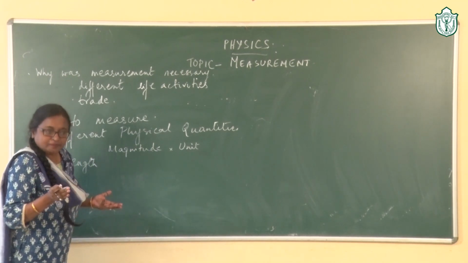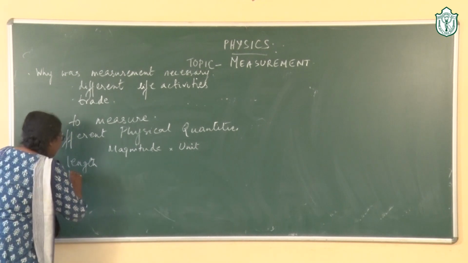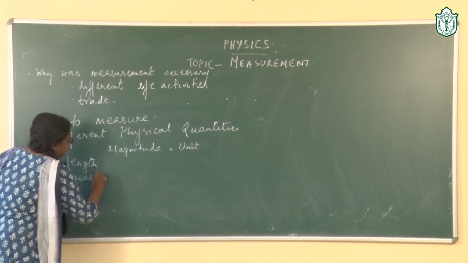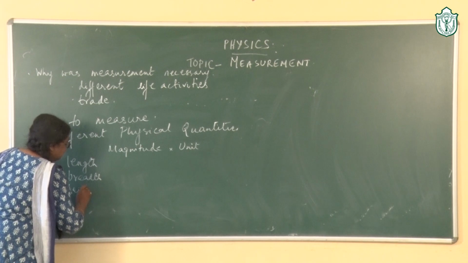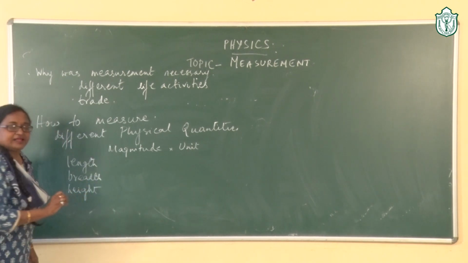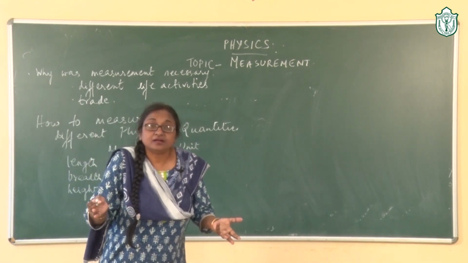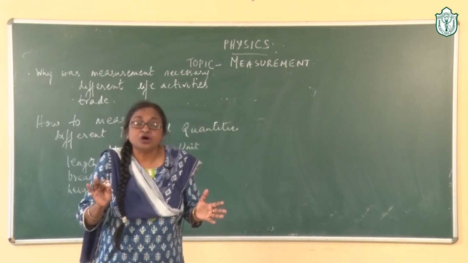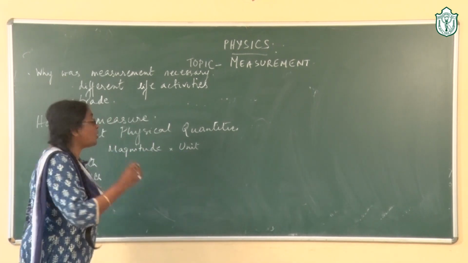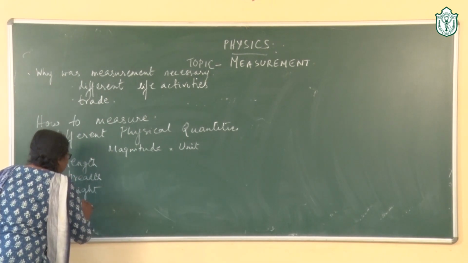For example, length is a physical quantity. Can you think of more? Breadth, height. Then when you are having fever, you put in a thermometer. What are you measuring? Your temperature.